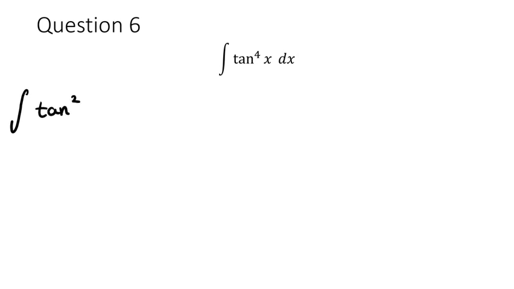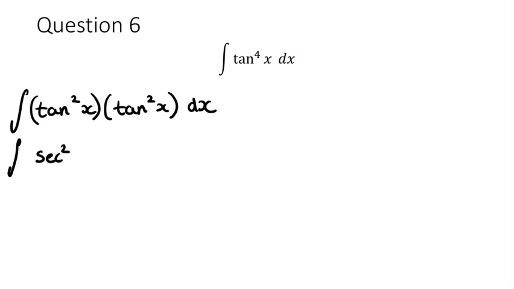Now I'm going to rewrite tan to the power of 4 as tan squared times tan squared. Now, tan squared is the same as sec squared minus 1.